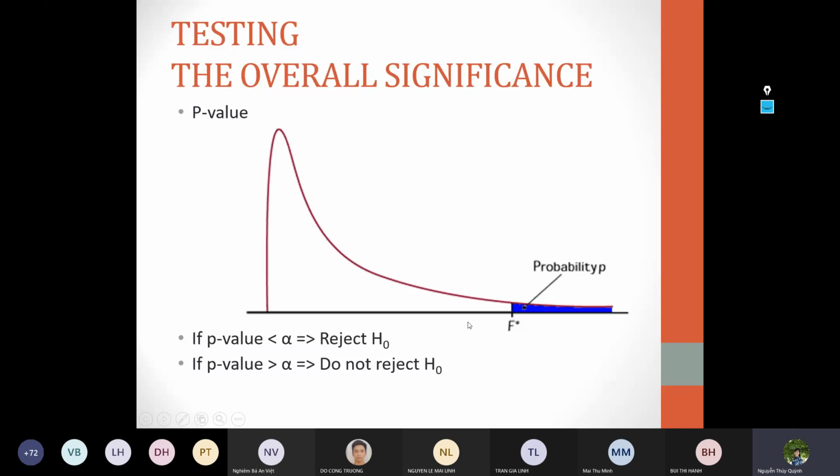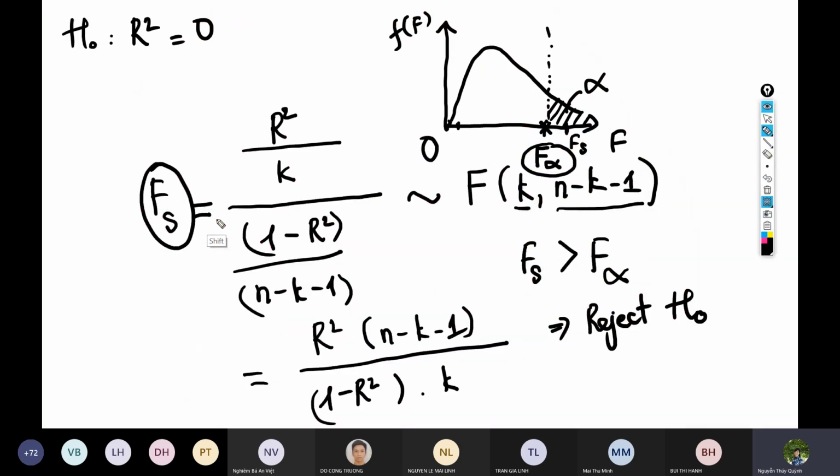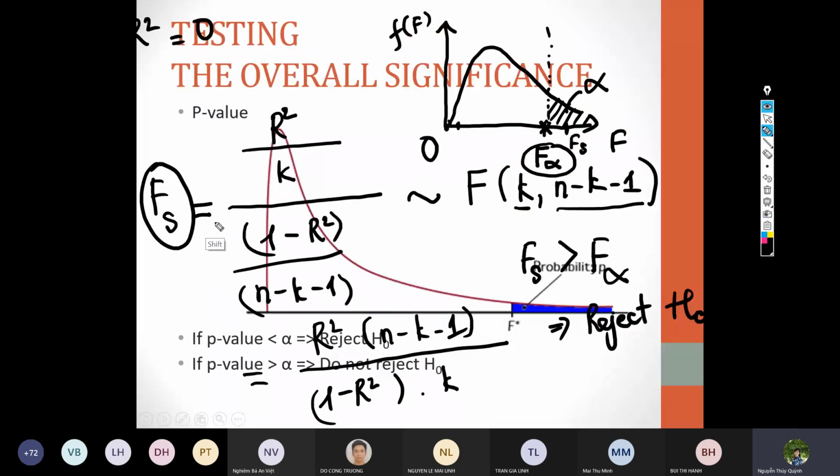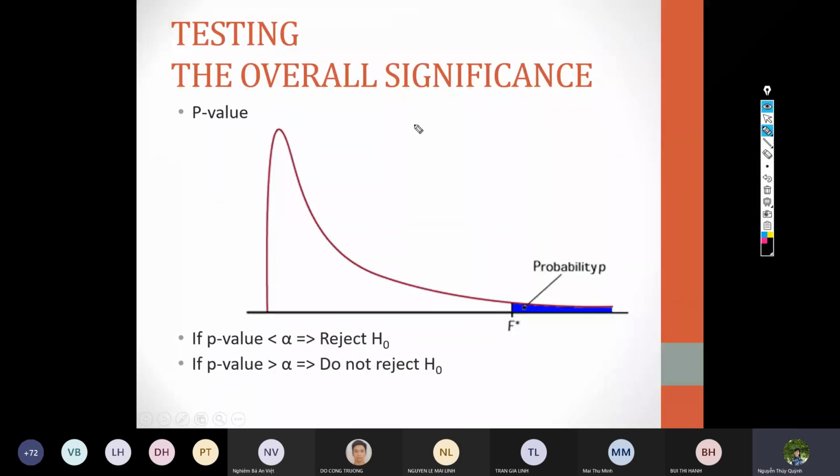Okay, so let me say that. So the F, yeah. So like we say, for F distribution, we will find the critical value of F. Okay, so we will find the critical value of F this way.